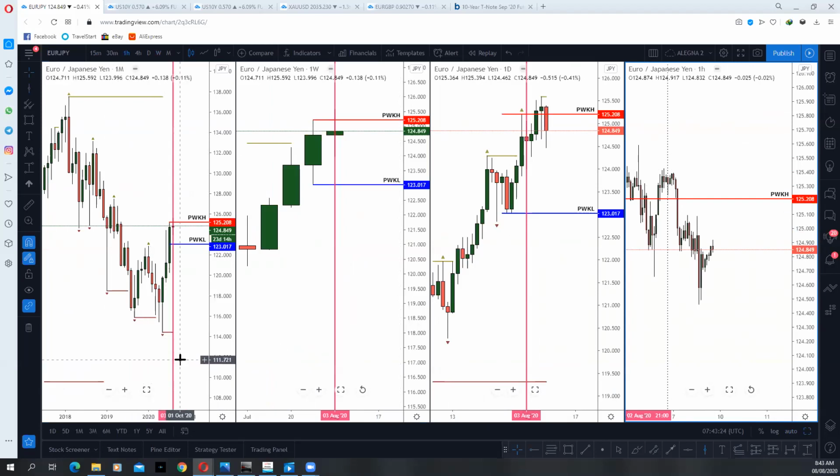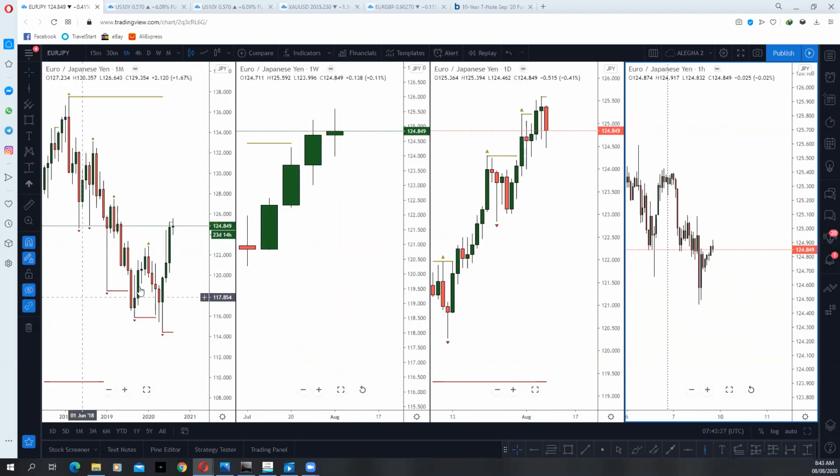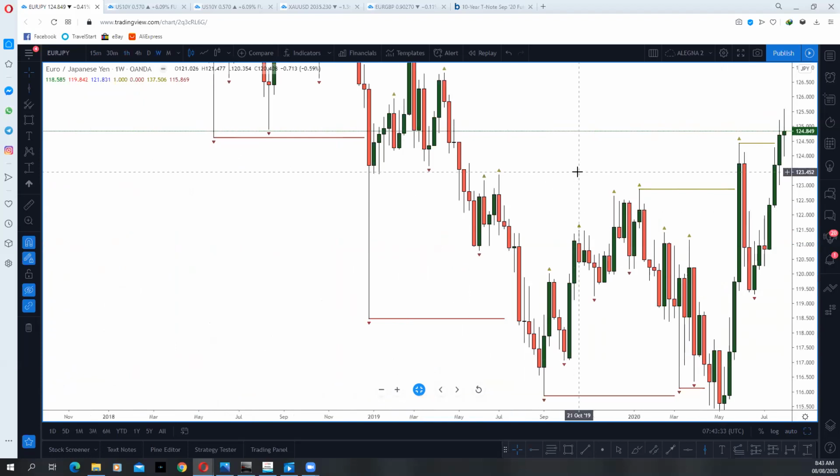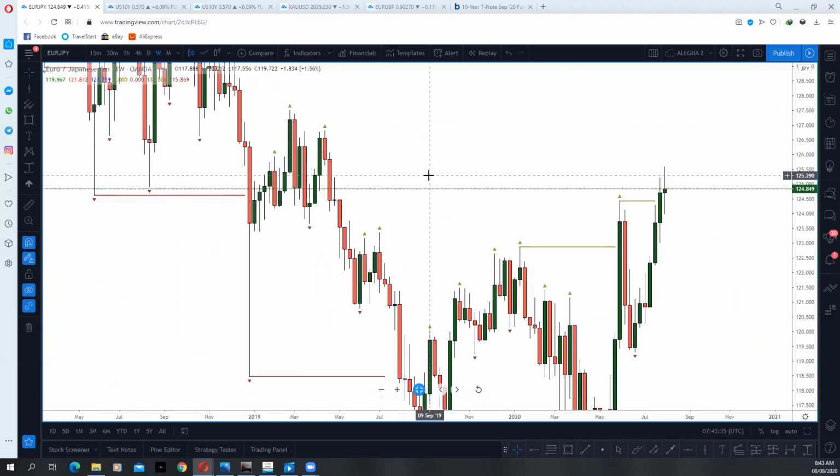Let me hide everything so I can see which high they came to pick. Okay, they ran into structure here. That's why I said you need to understand structure to use this effectively. If not, sometimes you will get trapped and it would not be a good idea. There's structure here. That was where price ran into.